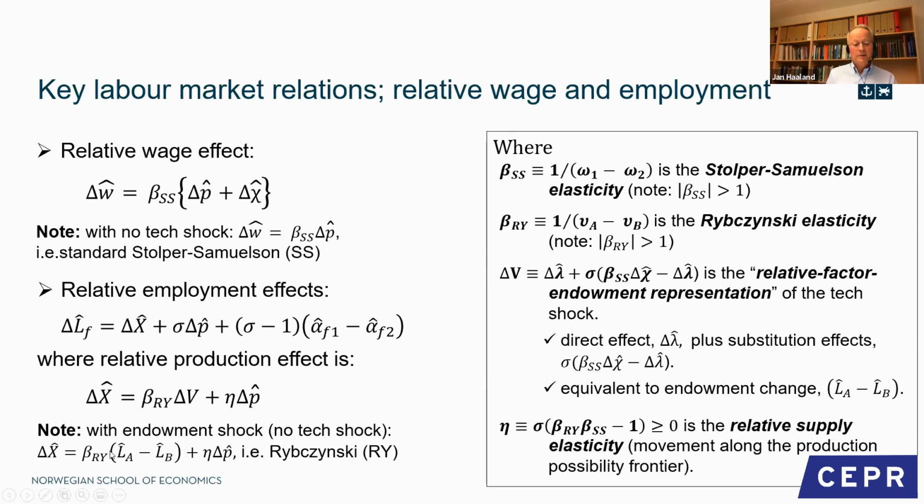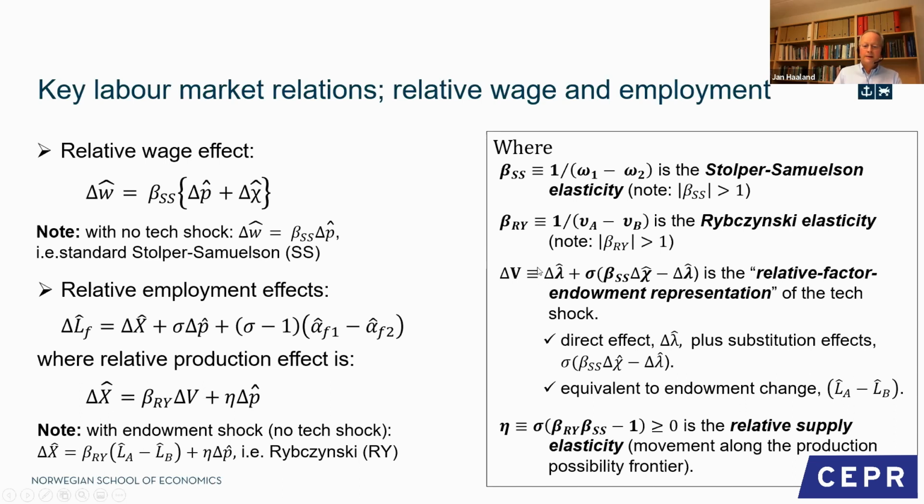In our setting, we don't have endowment changes, but we do have technology changes. And any set of technology changes has an equivalent relative factor endowment representation, or delta V. So this delta V is the endowment change that would be equivalent to the technology changes that we have.